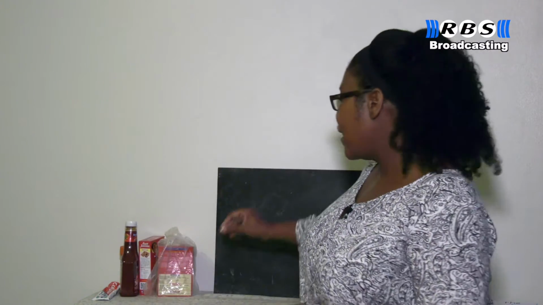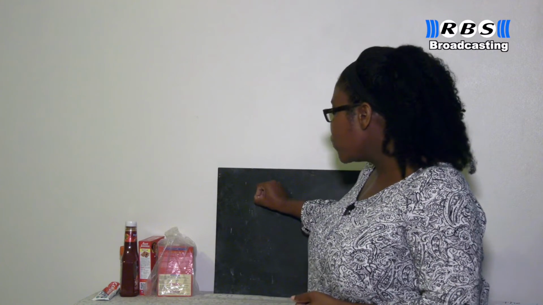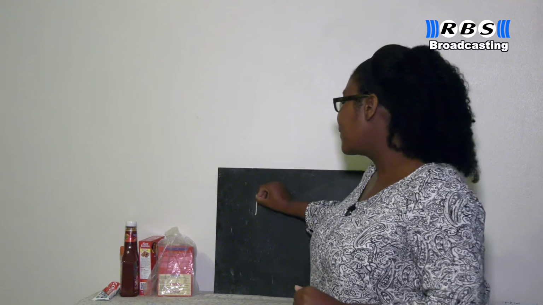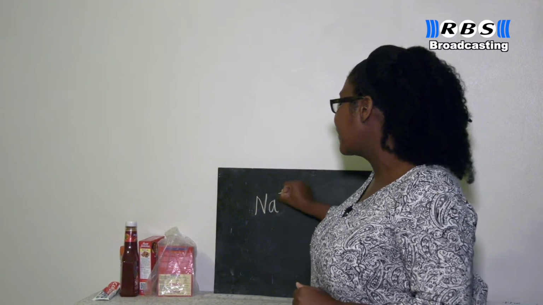The second tip is 1 is understood. There is no need to write the number 1. 1 is understood. So for example, remember, we don't write 1. Take a look at this ion. It's the sodium ion.